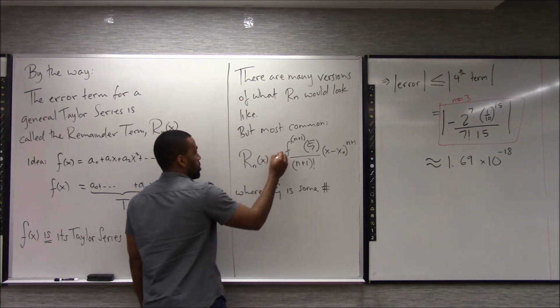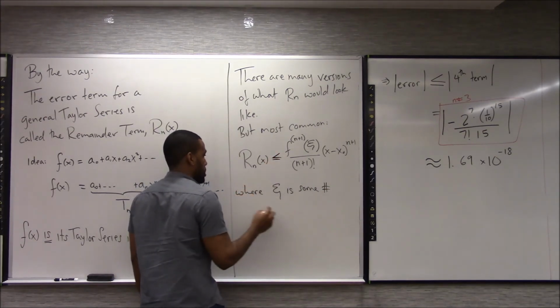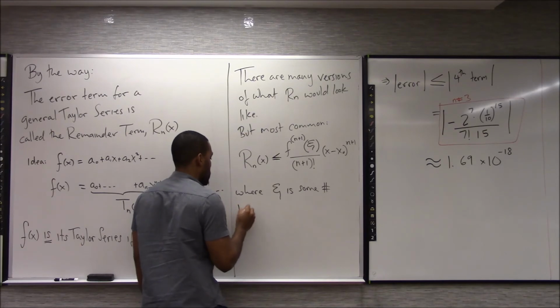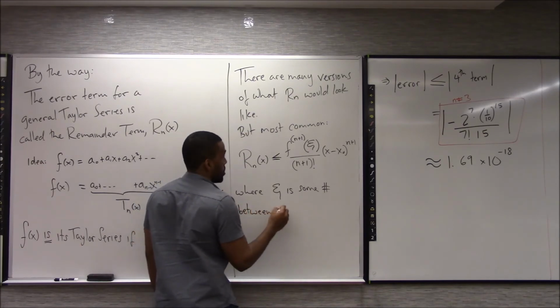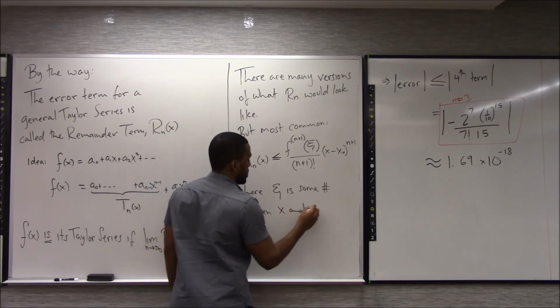So you will be able to get an upper bound to this guy, some number between x and x naught.